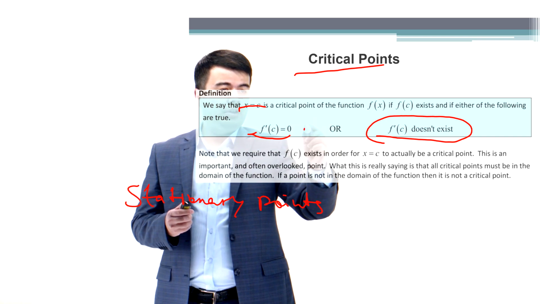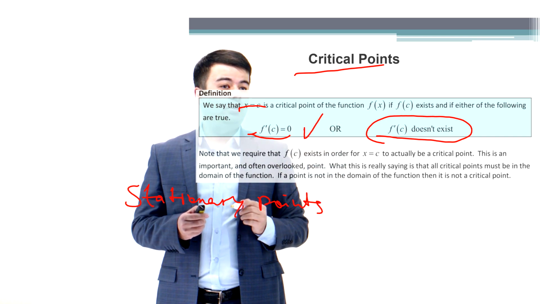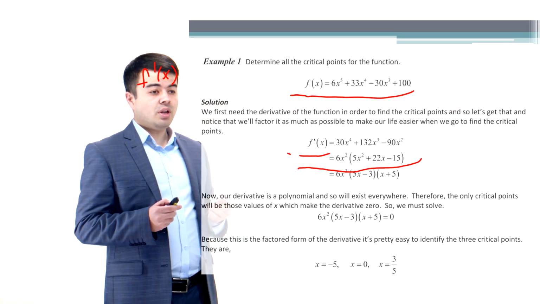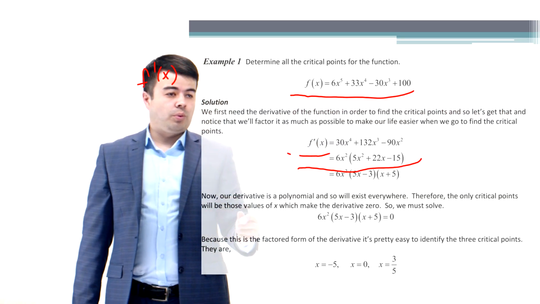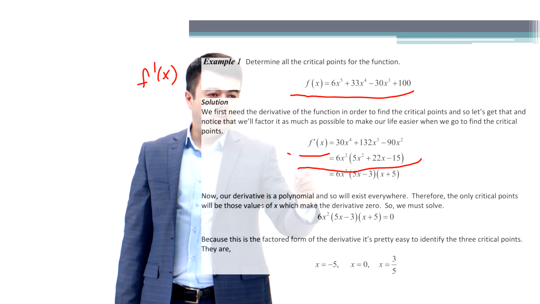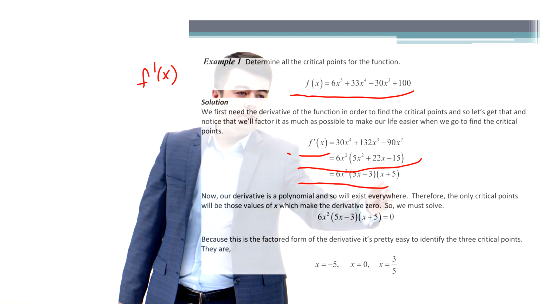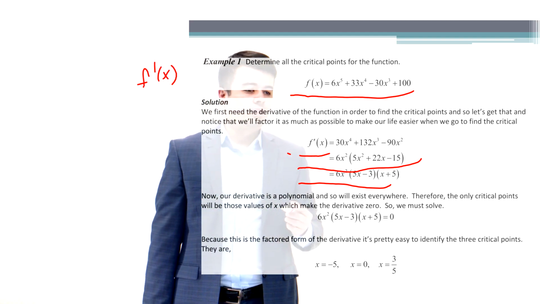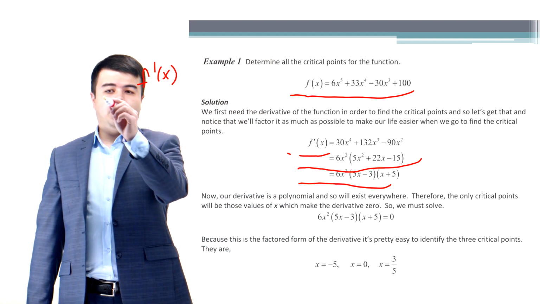Correct, we need to equate f prime to 0. After equating to 0, this is the last condition: 6x squared times (5x minus 3) and (x plus 5). Each one we need to equate to 0.